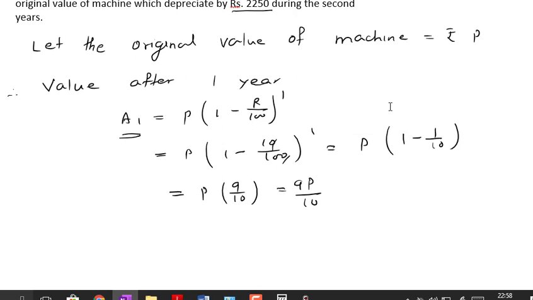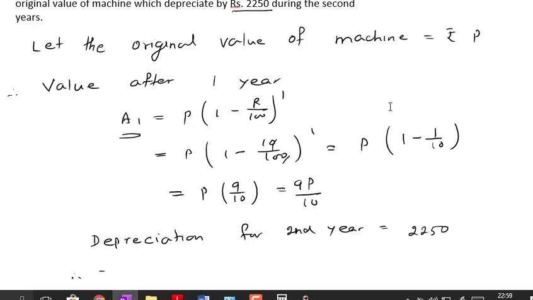I will say that depreciation for the second year is 2250.